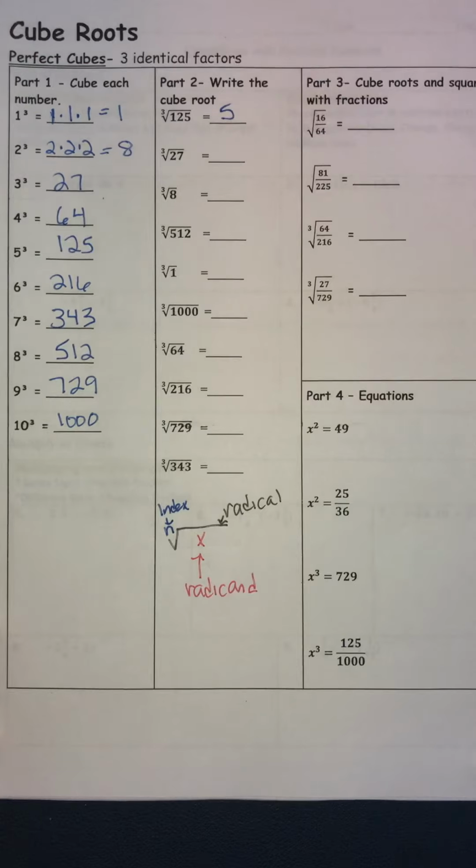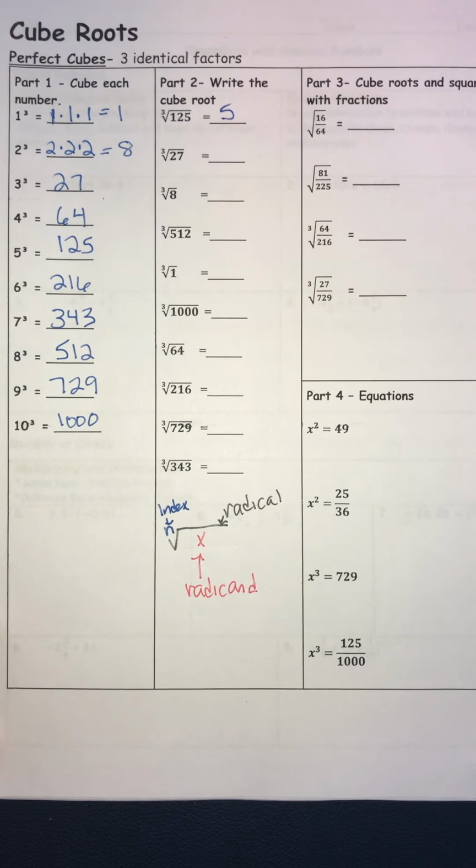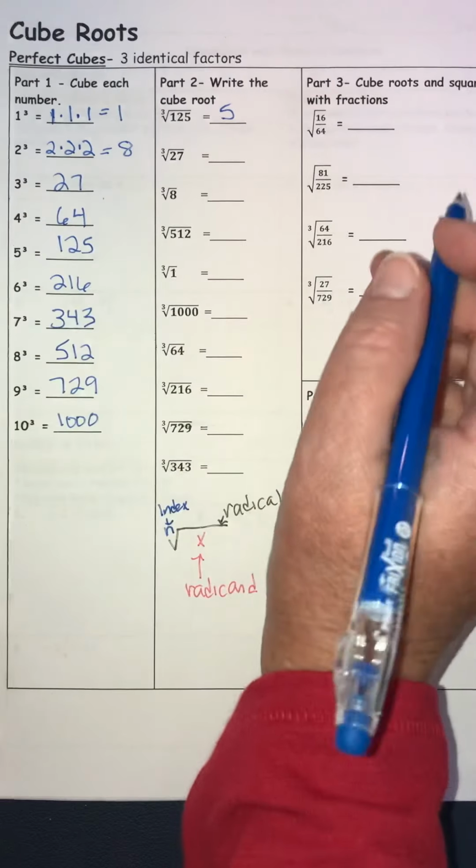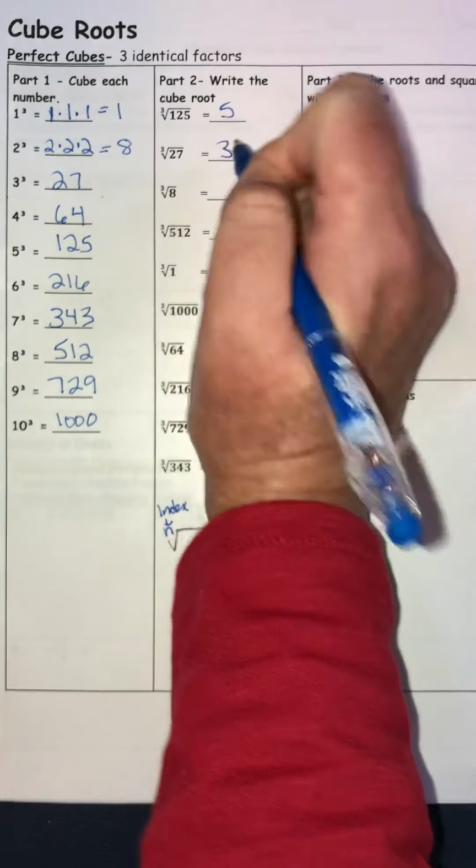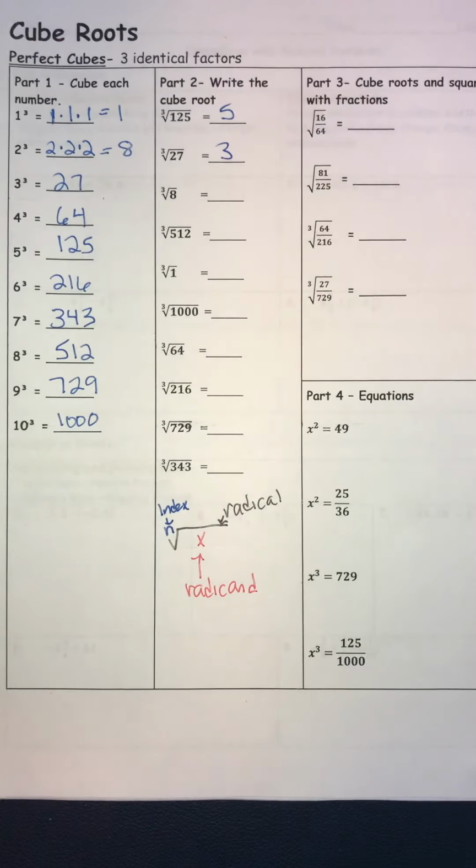So the cube root of 125 equals 5. For the next one, I have my cube root of 27. Now this one, I know that if I multiply 3 times 3, it equals 9, which times 3 finally equals 27. So my cube root of 27 is going to be 3. So take a minute and fill out the rest of this column, and then come back and we'll check answers.